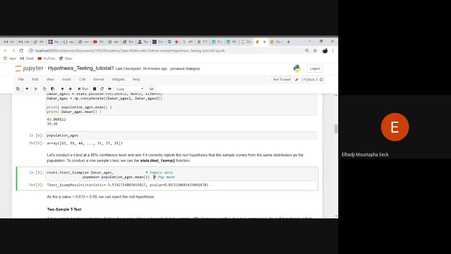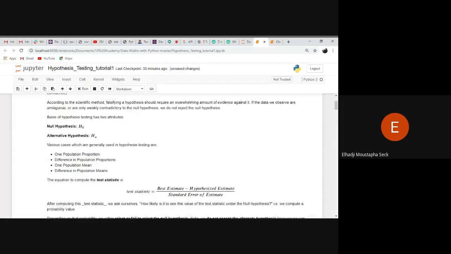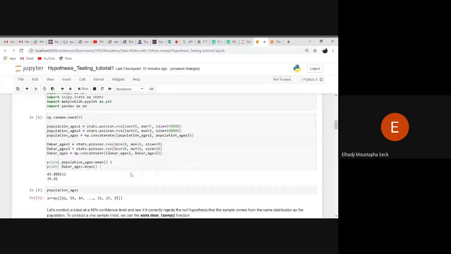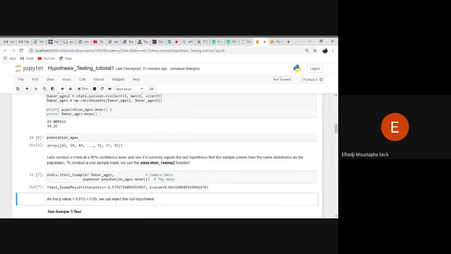And see, when I run this, it generates two outputs. I have the statistic, which is nothing other than the test statistic that I told you about, along with the p-value that I told you about earlier.